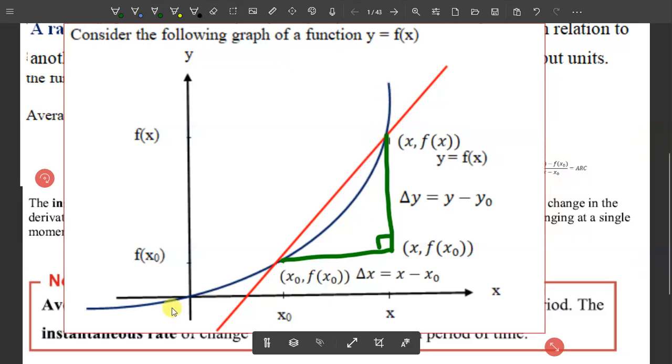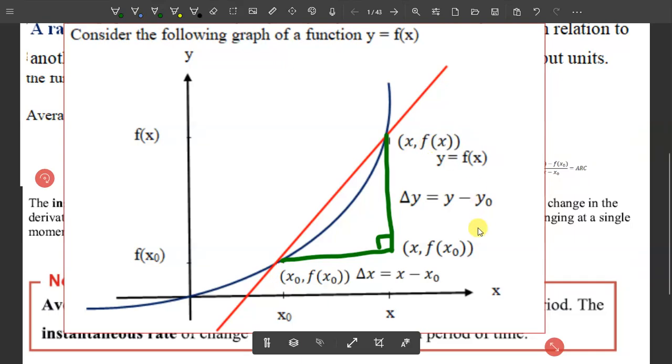The red line is a straight line that intersects the blue curve, the graph of f of x, at two points. The first point is (x0, f(x0)), and the second point is (x, f(x)). Let us investigate what the rate of change means.